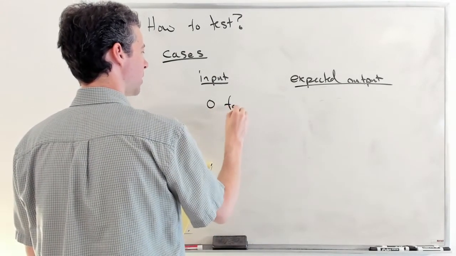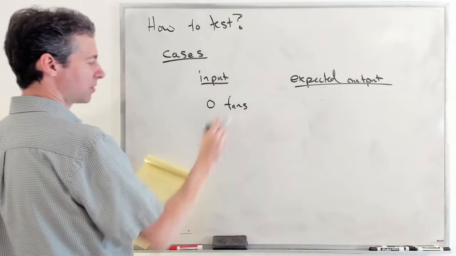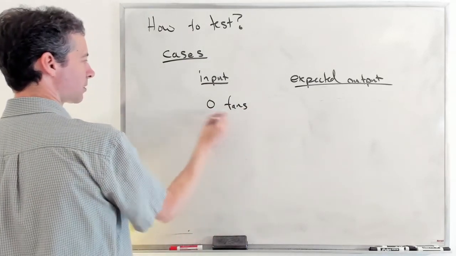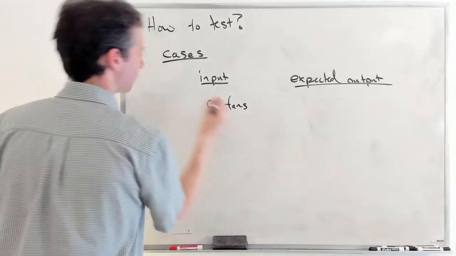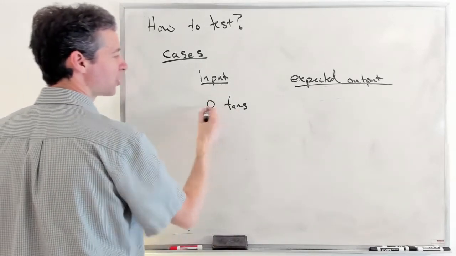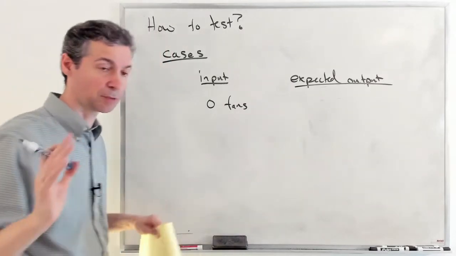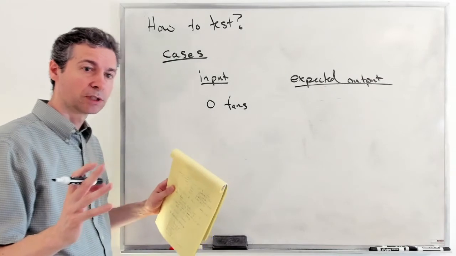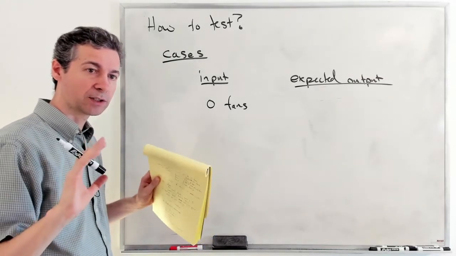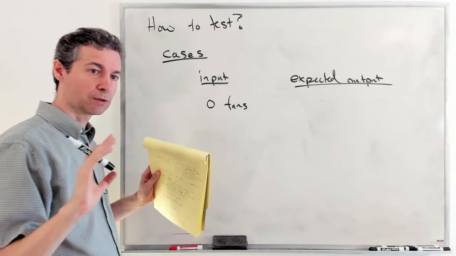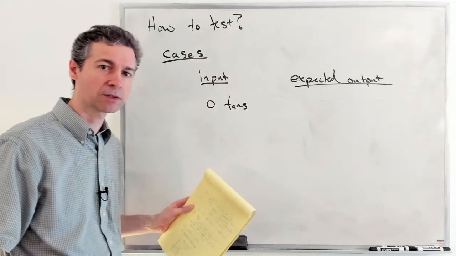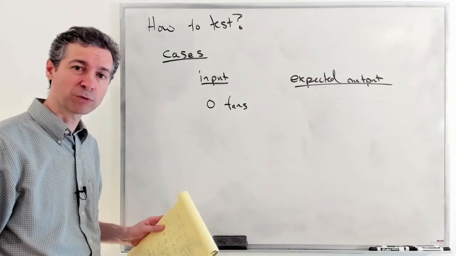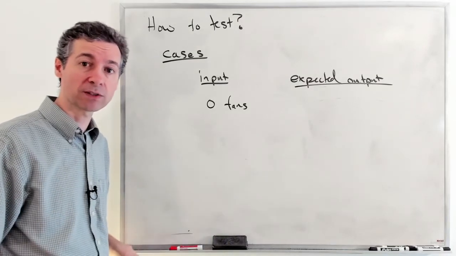So input is basically some input that gives me 0 fans. This is my shorthand of input data. Clearly, I need to create a book, and that book has to have either no ratings, that's one case to check out, or I also should have a book that has ratings, but they're all less than 5.